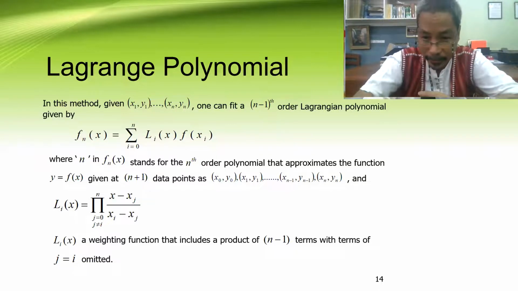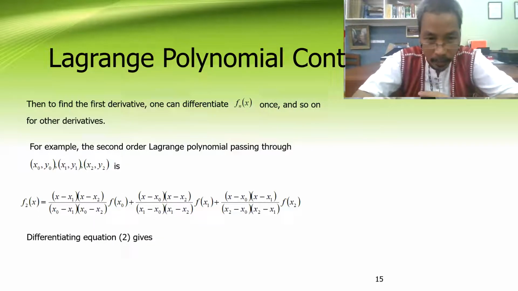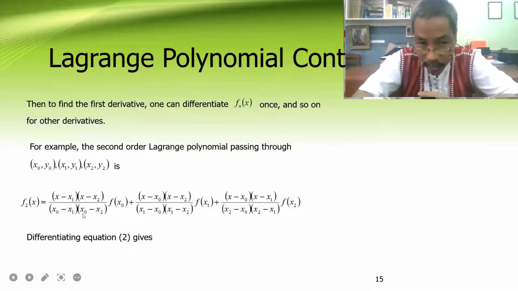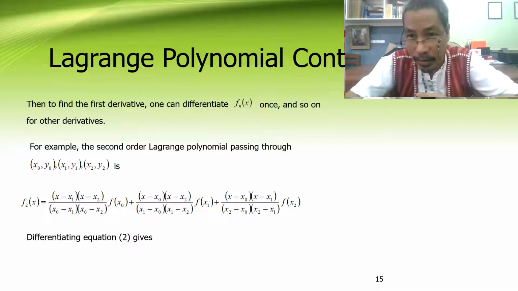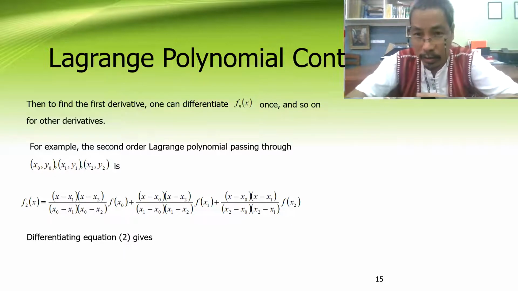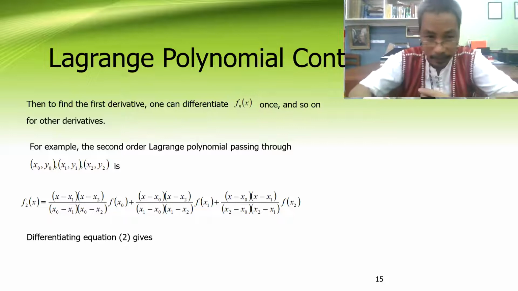That is the reason why you don't see any factors here with similar subscripts: x minus x1, x minus x2, x0 minus x1, x0 minus x2, x1 minus x0, x1 minus x2, x2 minus x0, x2 minus x1. There is no x2 minus x2, no x1 minus x1, no x0 minus x0, because those are omitted according to the rule.